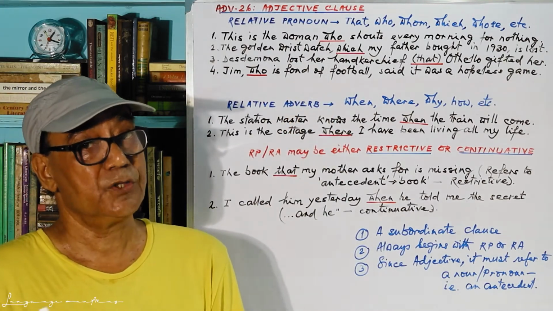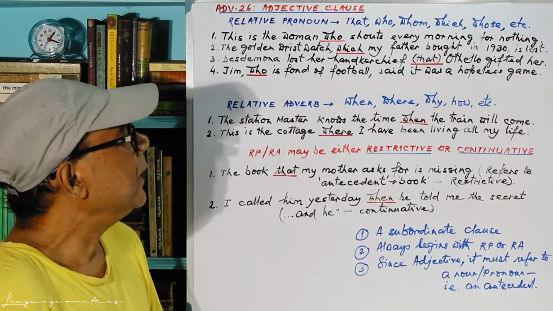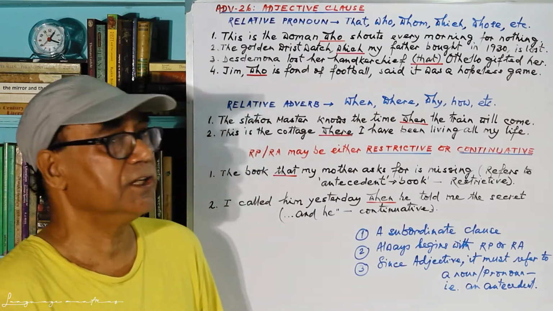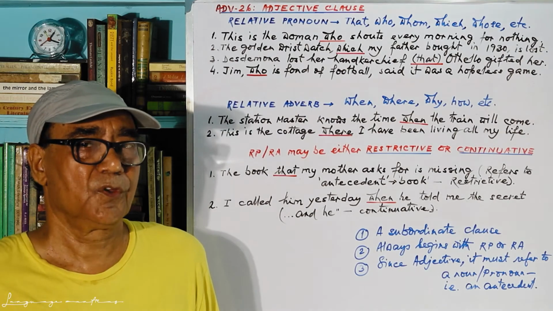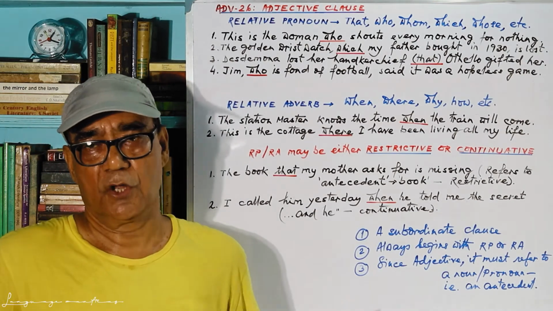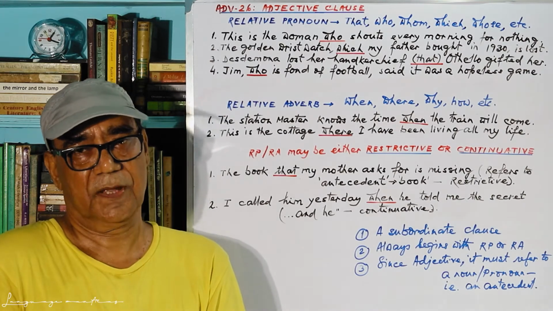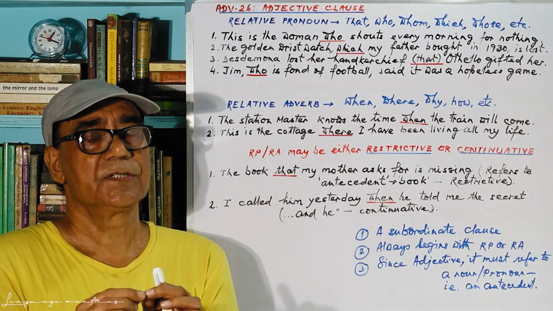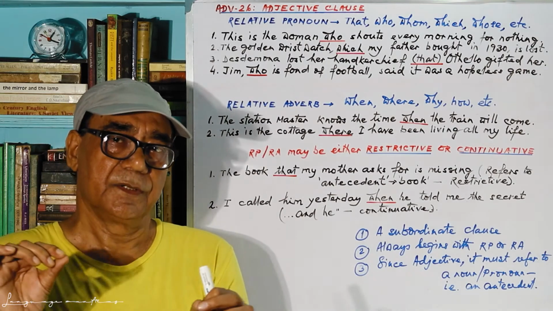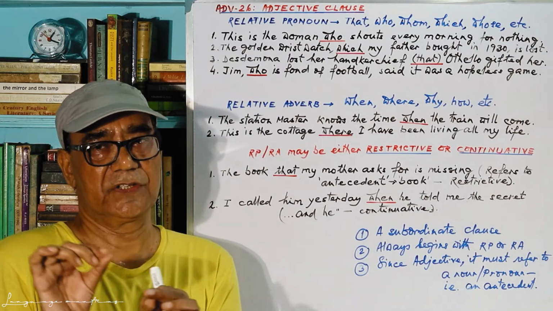Next example. The golden wristwatch, which my father bought in 1930, is lost. So which is the principal clause? Here the principal clause is broken in two parts. And in between two parts, the adjective clause is inserted.